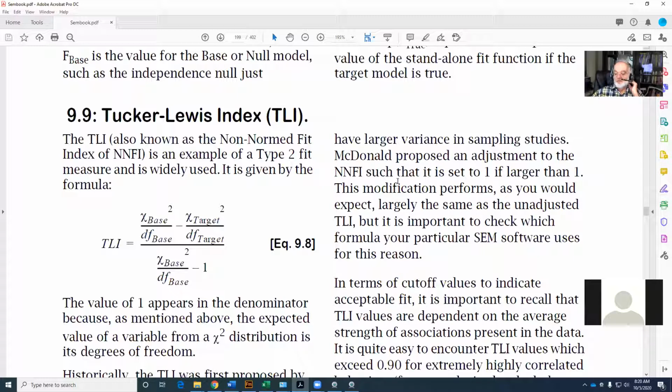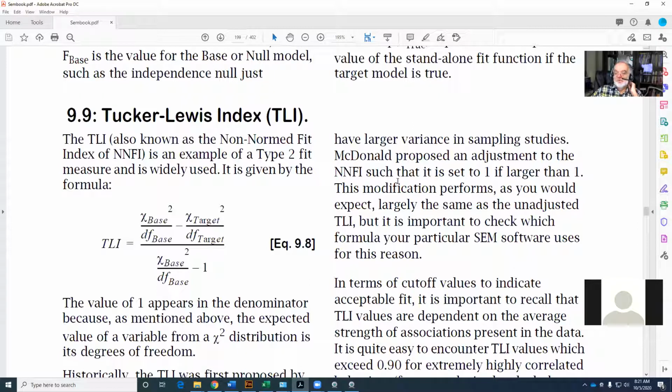Roderick McDonald and Peter Bentler went around and around about the TLI's advantages and disadvantages. And Peter Bentler, at that point, wanted to advance the normed fit index, which can never go beyond 0 and 1. But McDonald said, well, but in Monte Carlo studies, the non-normed fit index works better.